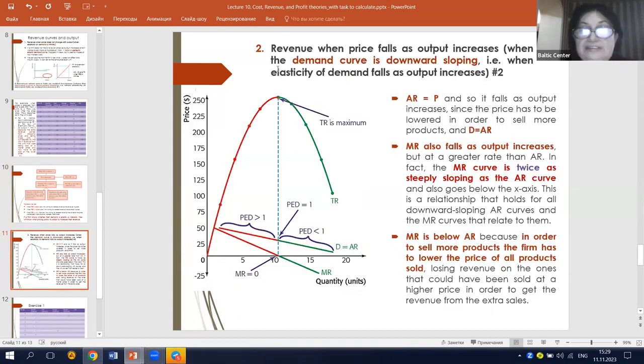So you see here the second one, revenue when the price falls, its output increases, да? Там у нас цена завышалась, и продукция тем самым, output increases. When the demand curve is down sloping, здесь она повышалась, значит, больше единицы эластичность. So it's down sloping when the elasticity of demand falls as output increases.